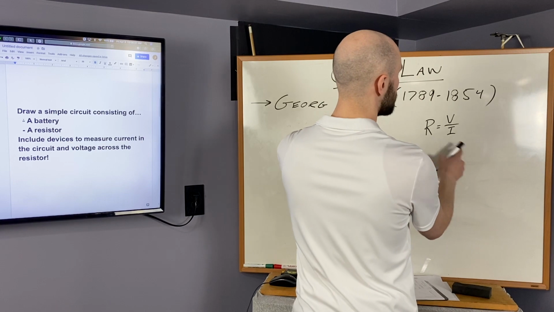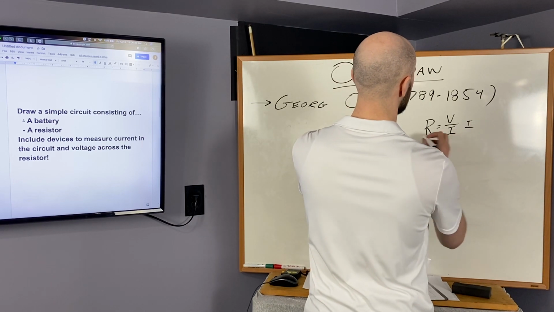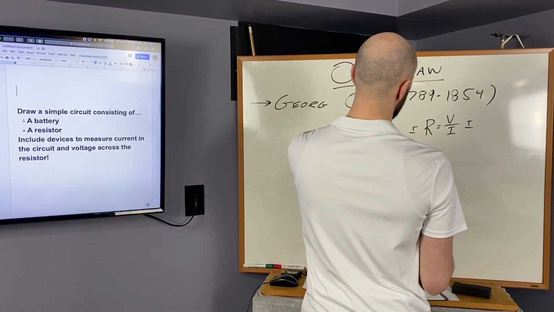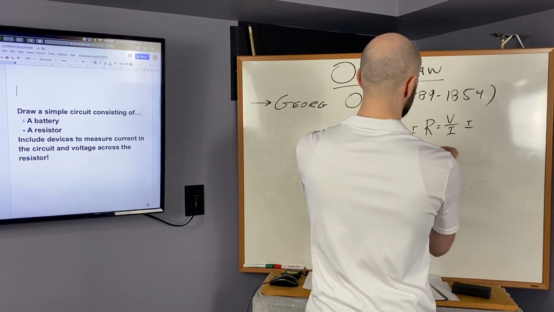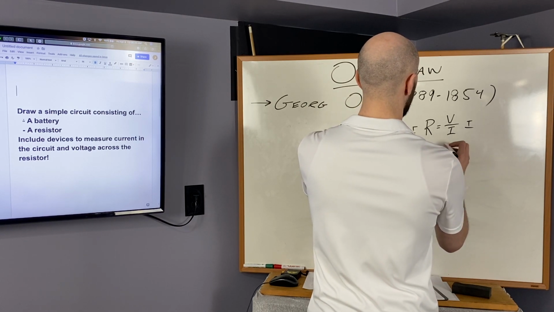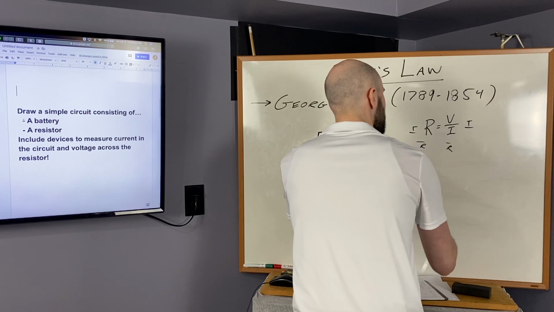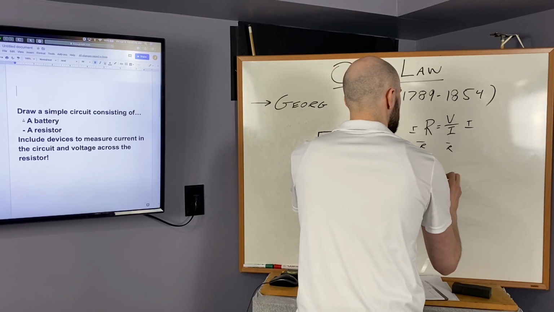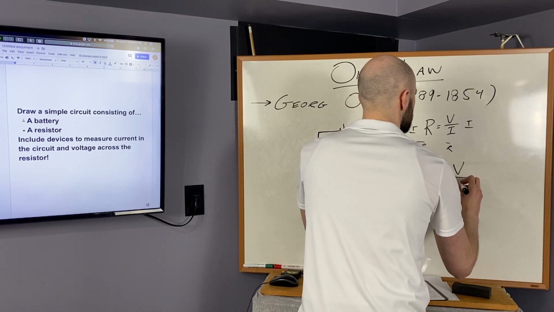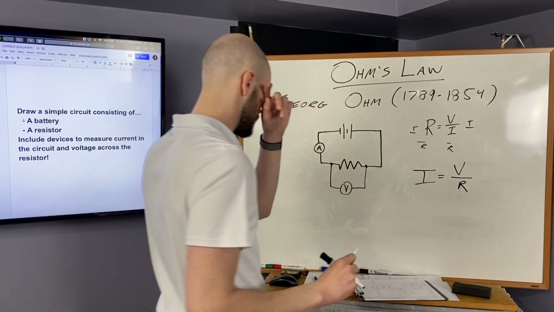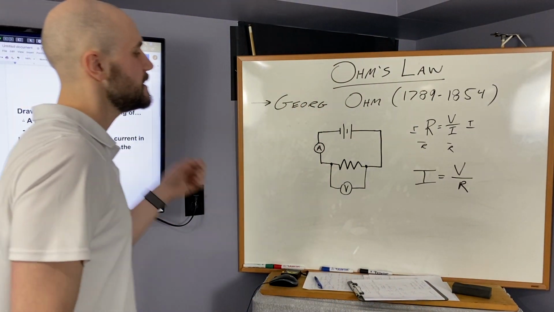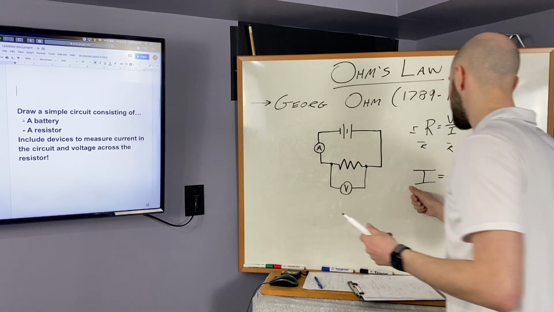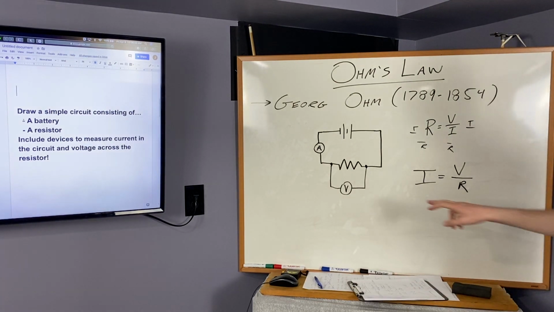So if I solve for current, we multiply both sides by I, divide by R. So we get that current is equal to voltage over resistance.